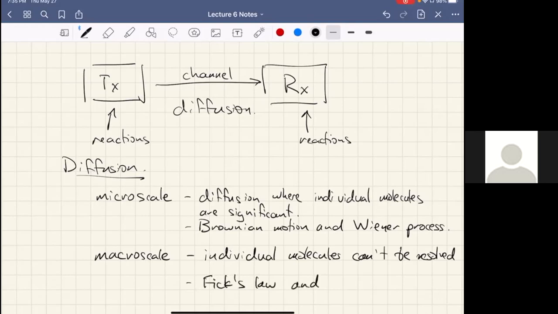And the quantity that we're dealing with is concentration. So up here in microscale, we're looking at the trajectories of individual molecules. At macro scale, we're looking at, in the aggregate, the concentration of molecules, and they're propagating by Fick's law. So in this lecture, we're going to talk mostly about microscale diffusion, and in the next lecture, mostly about macro scale diffusion.